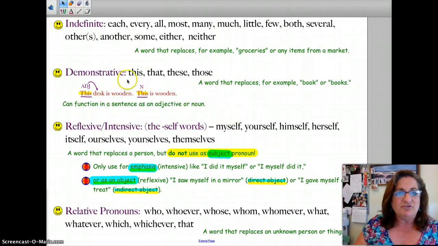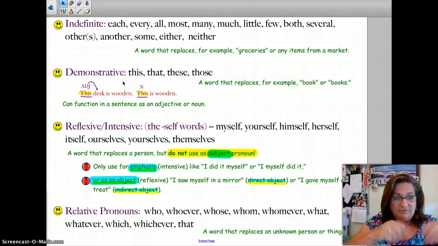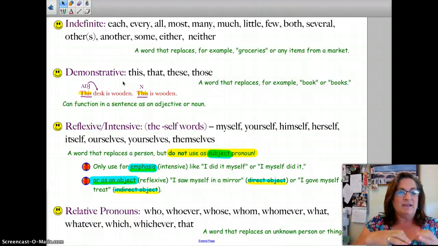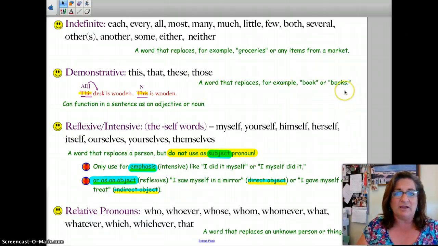Then you get the demonstrative pronouns. Again, don't worry about the name, but this name is actually okay because it's demonstrating this, that over there, these over here, and those over there. So demonstrative pronouns are demonstrating where. And these pronouns replace a word like book or books, like this book, give me that, meaning that book, right?